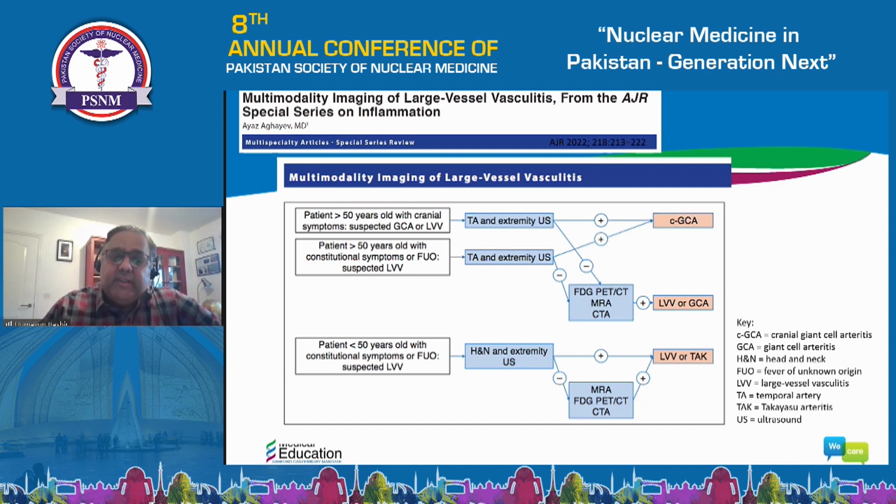If it's negative, the next step would be a PET-CT, an MRA, or a CT angiogram, which would lead toward the differentiation between large vessel vasculitis or giant cell arteritis. Between these two, above 50 years and less than 50 years: in the less than 50 years, because of Takayasu's, the head and neck and extremity ultrasound is done, and of course, the pathway otherwise is directly towards diagnosis, or going via MRA, PET-CT, or CT angiogram.